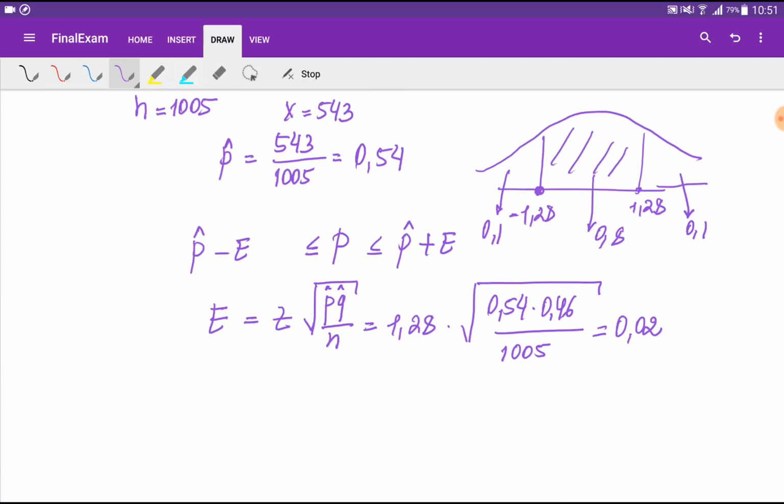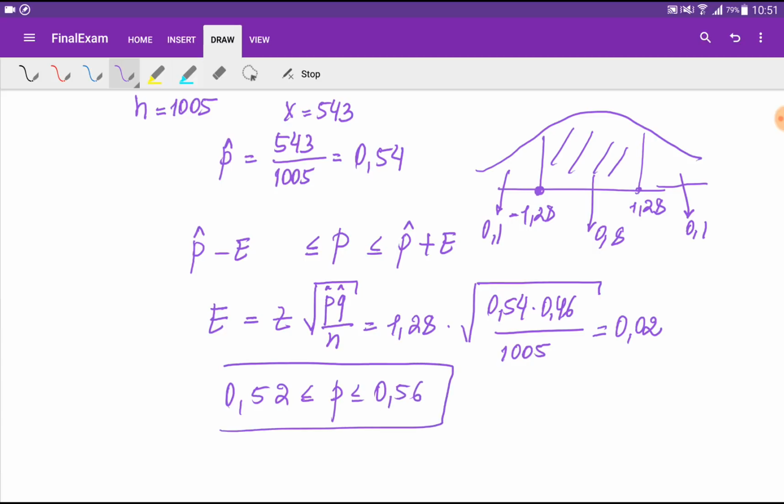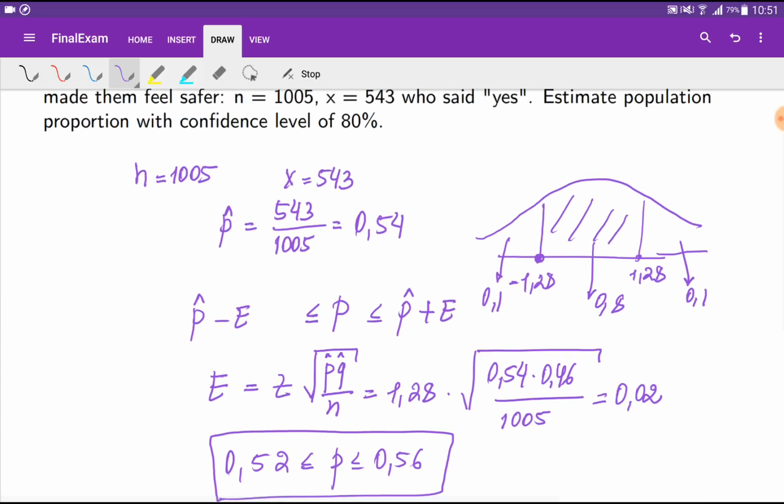So the confidence interval is going to be 0.52 and 0.56. So we are 80% confident that the population proportion who feel safer about the nuclear weapons is between 52% and 56%.